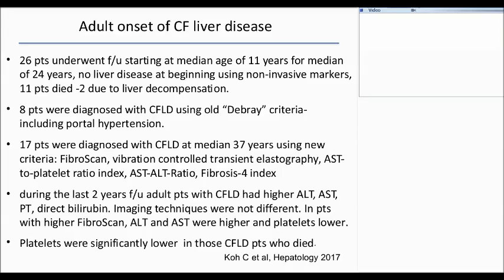Then they looked at diagnostic criteria. That was a European study, so they used the European criteria that I presented earlier to diagnose severe liver disease, and they found that 8 patients of that cohort at one point met these criteria, including signs of portal hypertension.